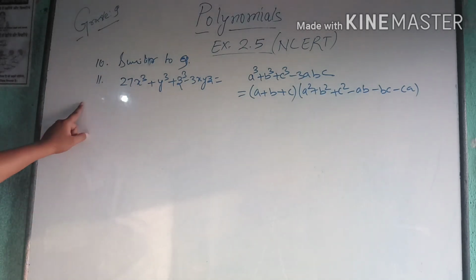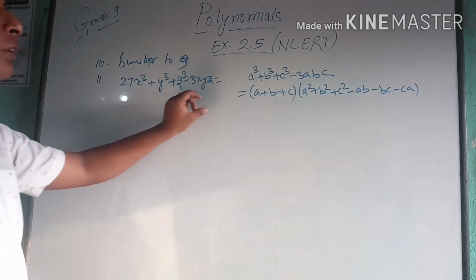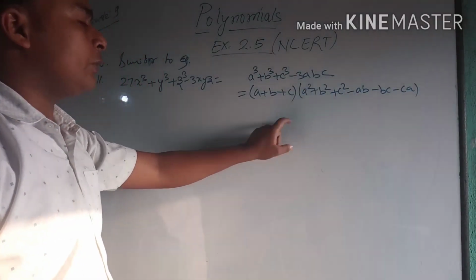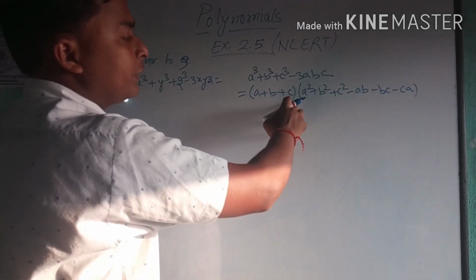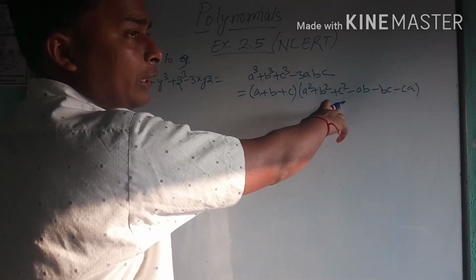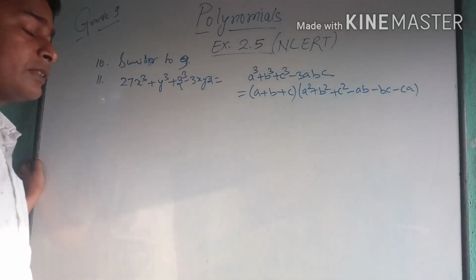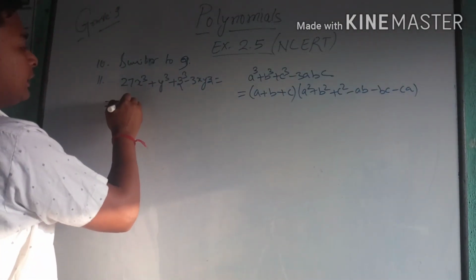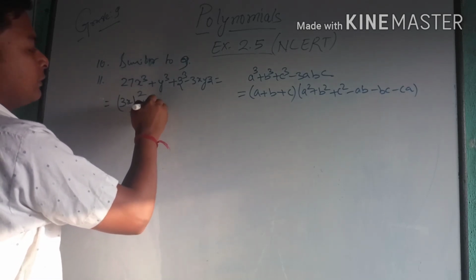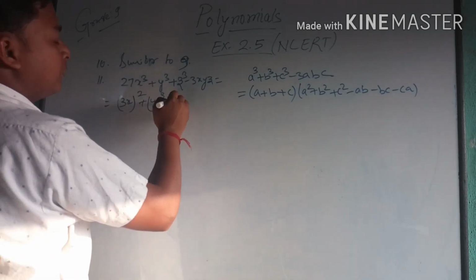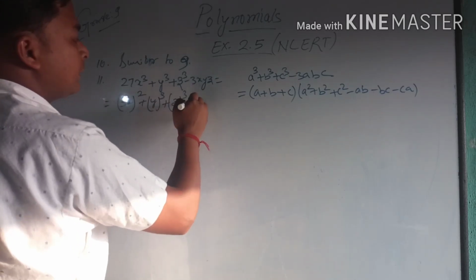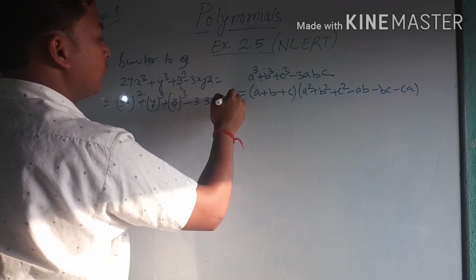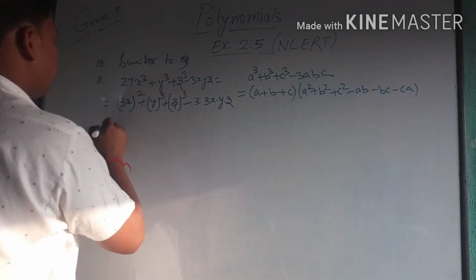Now question number 11, factorize the given polynomial, and we know this identity: a cube plus b cube plus c cube minus 3abc is equal to a plus b plus c into a square plus b square plus c square minus ab minus bc minus ca. We have to apply this here. In place of a, it is 3x whole cube plus b cube plus c cube minus 3 into 3x into y into z, and we only have to put the values.